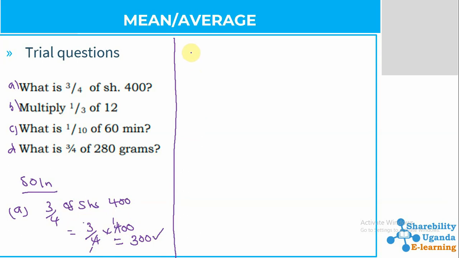Then they are also telling us to multiply in part B. They are telling us to multiply a third of 12. We shall say this is going to be equal to a third times 12, 12 by 3, 1 by 3, 4. So our answer is going to be 4.